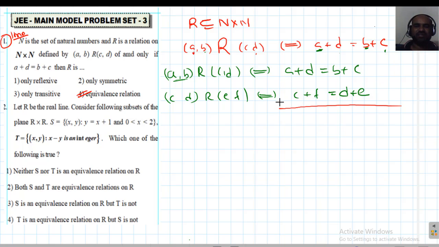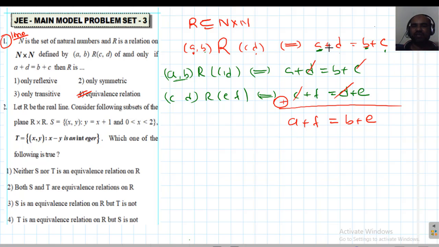So what I am doing, I am adding these two equations. While adding, observe what happened: D gets cancelled, C gets cancelled. What will be left, I will write A plus F equal to B plus E. Now by using this, you want to write ordered pairs, RHS to LHS, to give the relation.